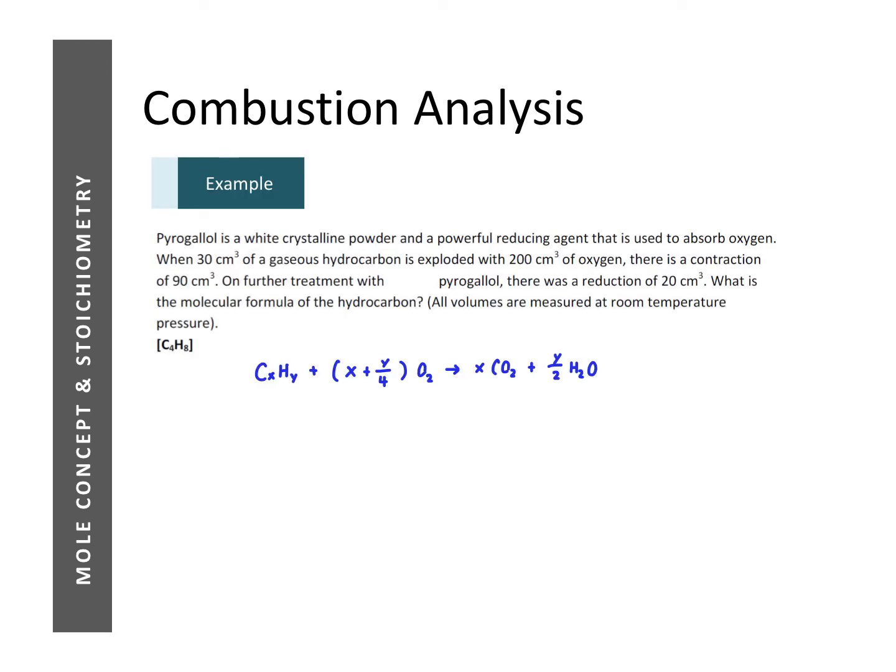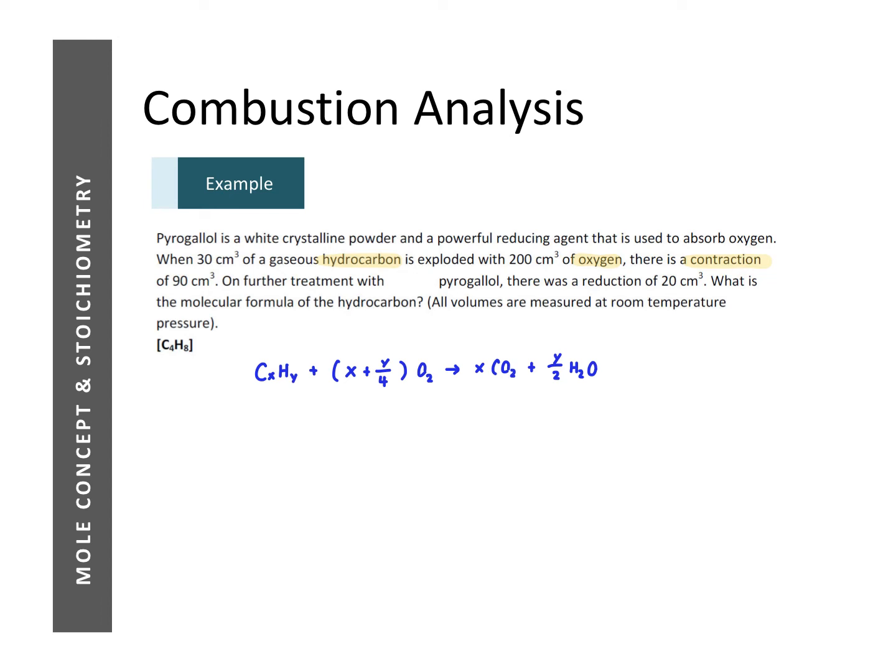So this is an example. In this example, we are given the volume of your hydrocarbon, which is 30 centimeter cube. It is exploded with this volume of oxygen, and then after that there is a contraction of 90 centimeter cube.